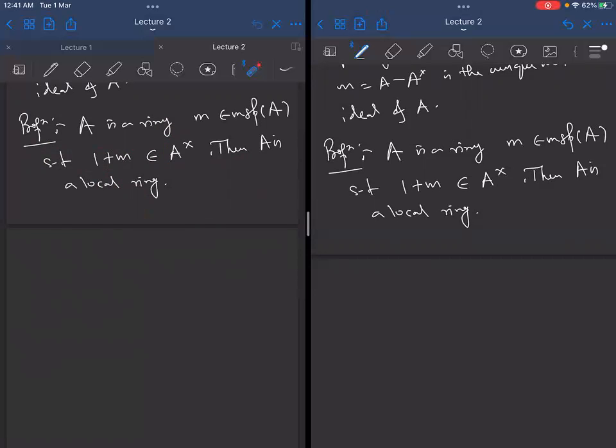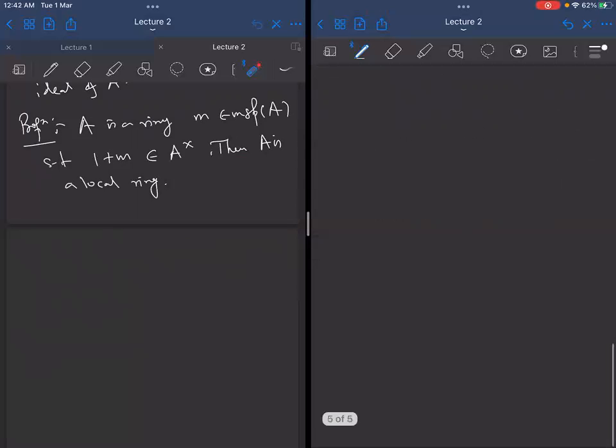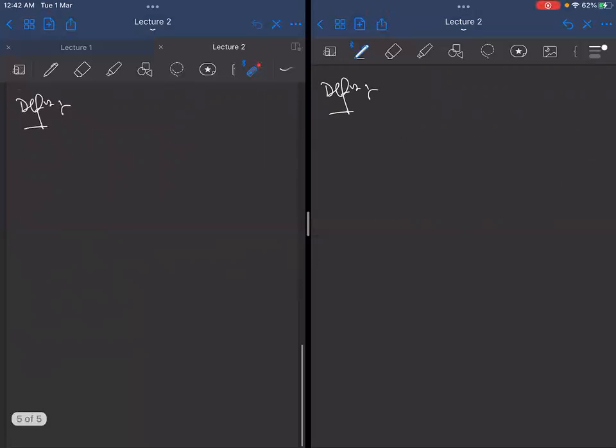So these two are easy propositions to prove, but they are extremely important, as you will see soon. There are rings which are very close to local rings, but not exactly. They are called semi-local rings.